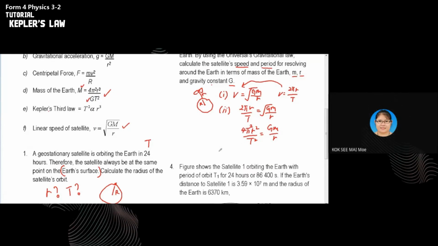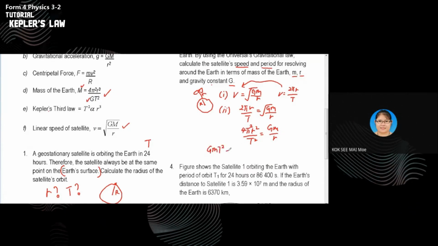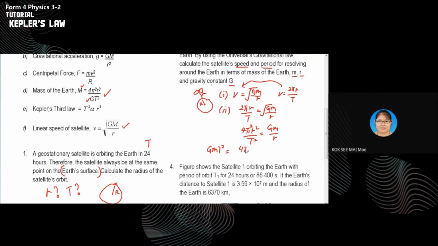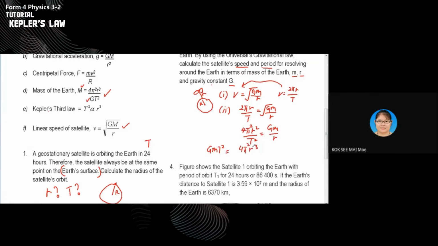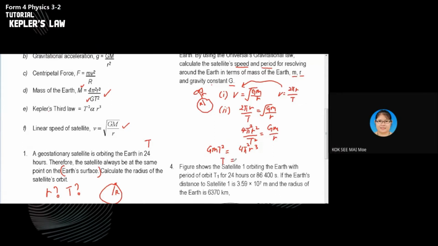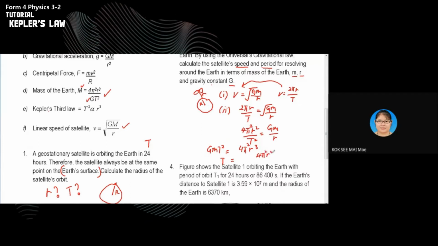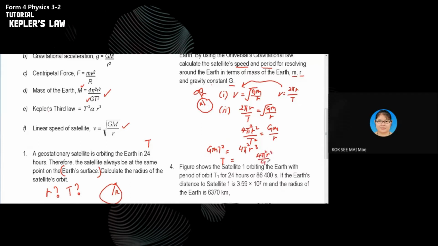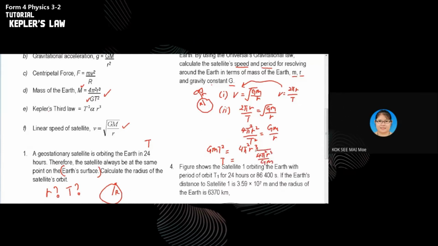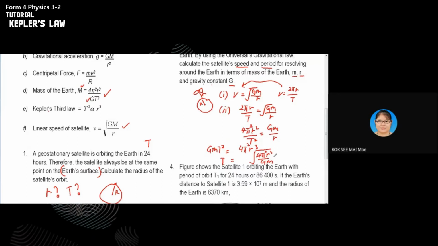After that, GM T square equals 4 pi square r cube. Finally, I want T only. So T equals square root of 4 pi square r cube over GM. So this is my answer.